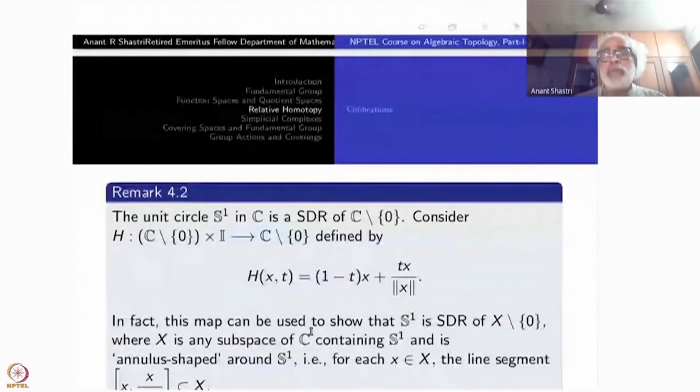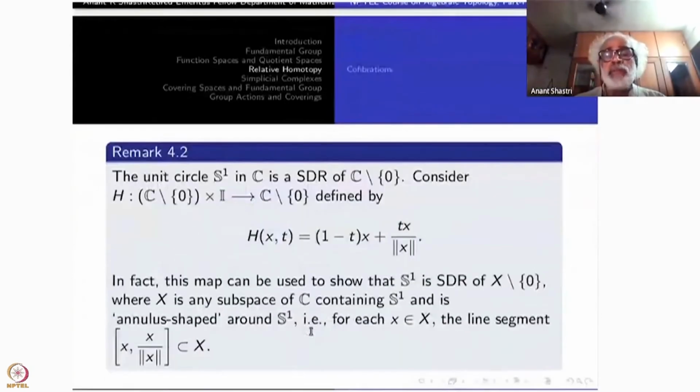Now, let us work out another familiar example. To begin with, I can start with S^1 inside R^2. I say that the unit circle is a strong deformation retract of R^2 minus 0.